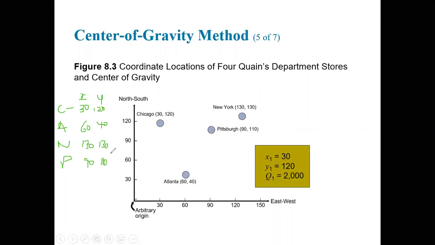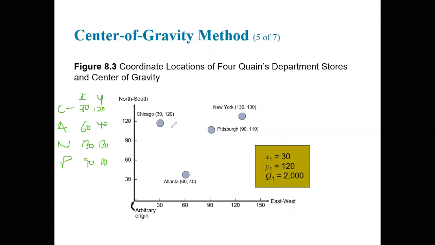So when you're calculating the center of gravity, you're going to take every axis, you do each axis one at a time. So we start off with the x-axis, and we take these values here, and we multiply them by the amount of volume that we expect to go to that specific location, okay?